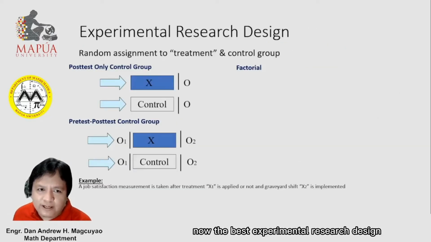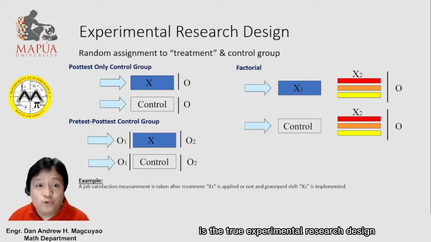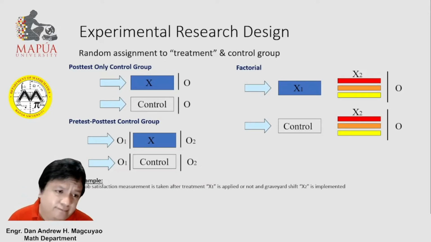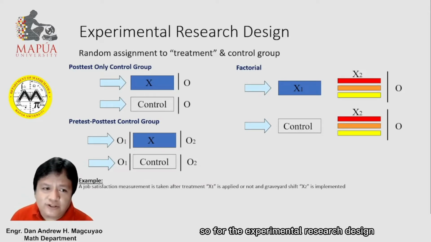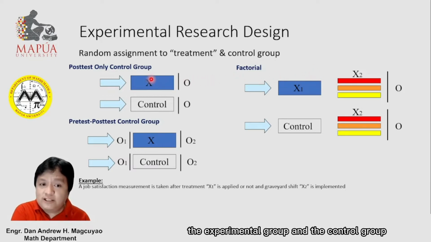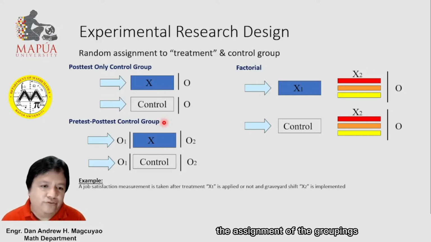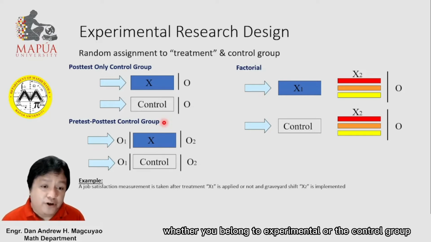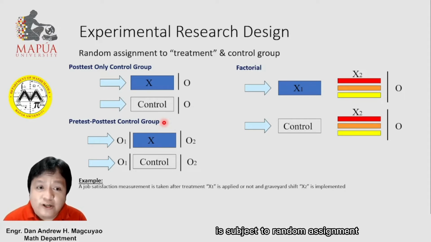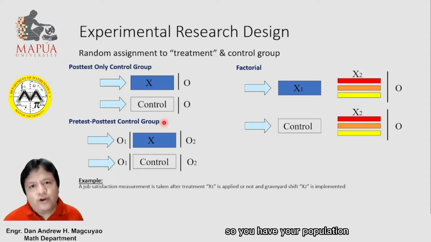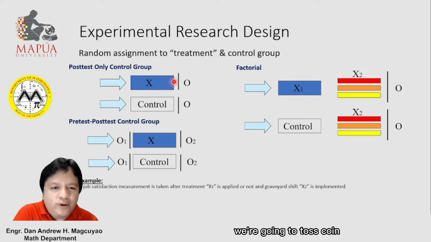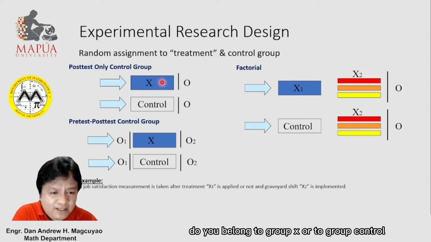Now, the best experimental research design is the true experimental research design. So what does it mean? For the true experimental research design, you have two groups, the experimental group and the control group. The assignment of the groupings, whether you belong to the experimental or the control group, is subject to random assignment. So you have your population, we're going to toss a coin. Do you belong to group X or to group control?